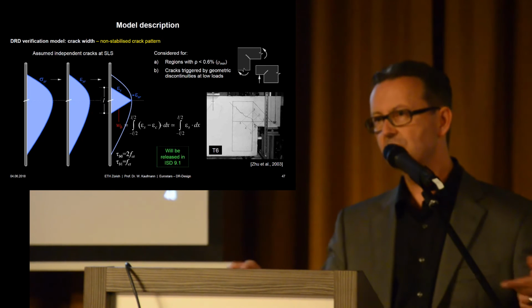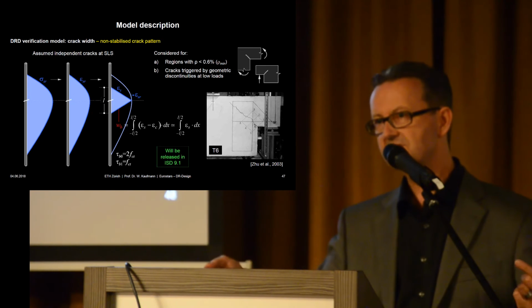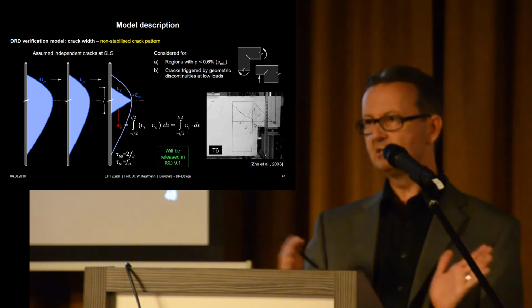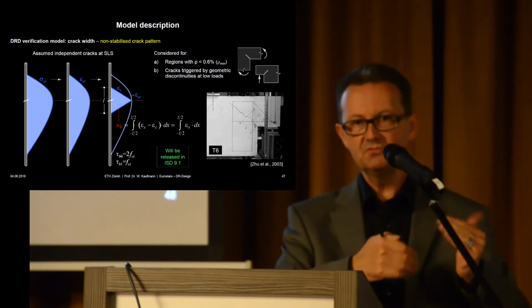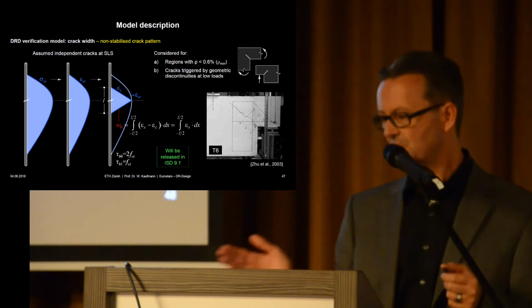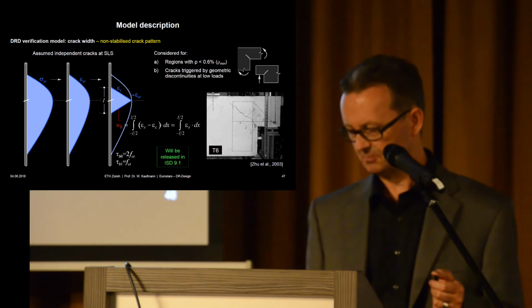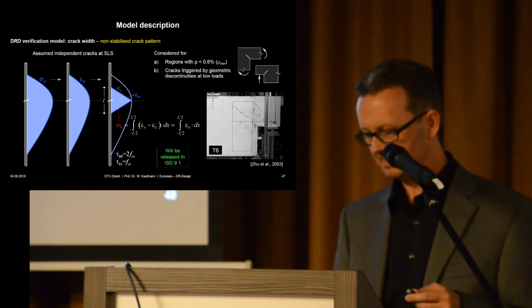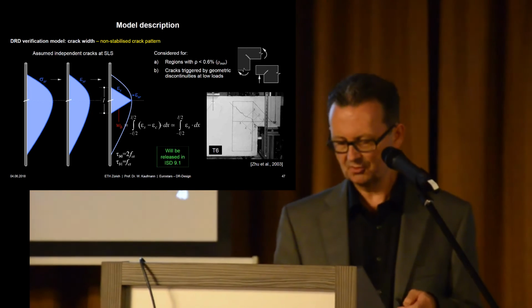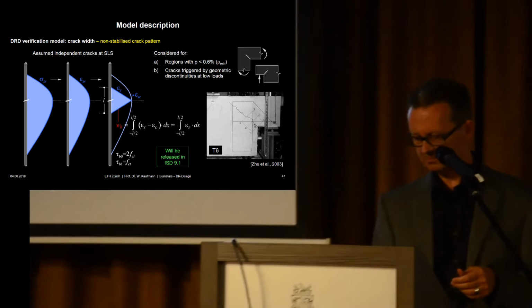They will appear, but only in your ultimate load, and we're interested in serviceability. So we have one single localized crack, similar as in the web when we are below minimum reinforcement, and cracks are controlled by other reinforcement. And in these situations, we get from the program a strain distribution like this one shown on the right here.